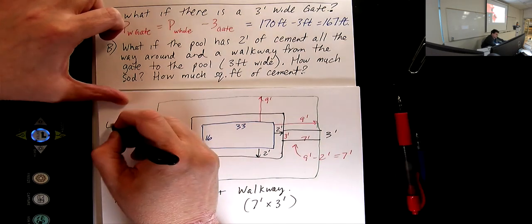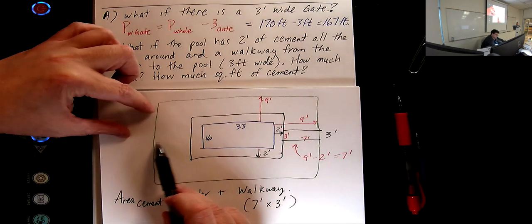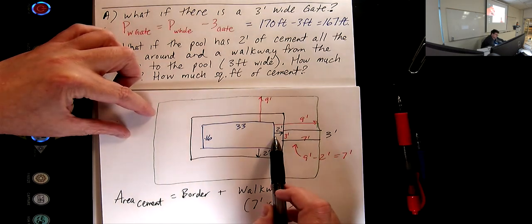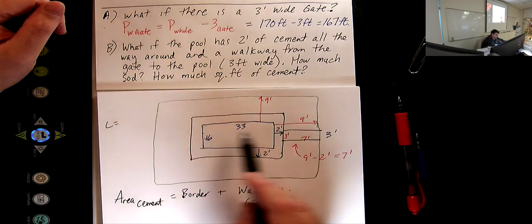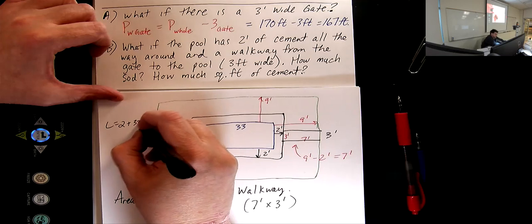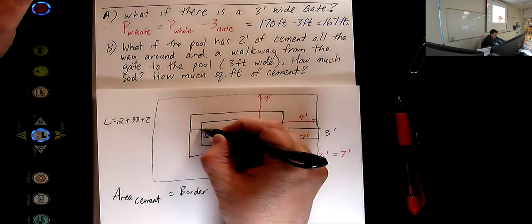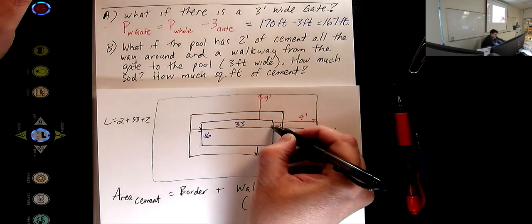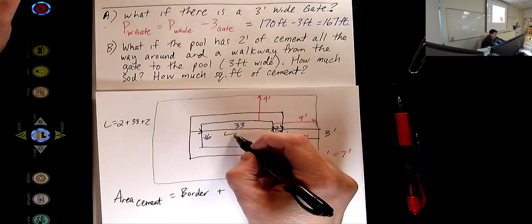So if I've got my length, last time when we did the sod, we added the sod plus the width, or the length plus the sod again. Here we're doing cement plus this pool plus cement again. So it'd be 2 plus 33 plus 2. We're doing here to here to here to get my new length, the length of cement.